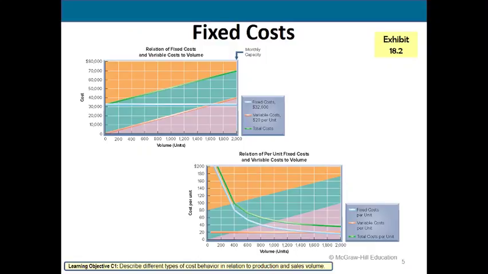Here, fixed costs are $32,000, so you see the light blue line. It's very hard to see sometimes. The pink line is the variable costs. It starts at 0 and goes up as you increase the number of units that you produce. And then, of course, your total costs are the green line. That starts at 32,000 and goes up as volume increases.